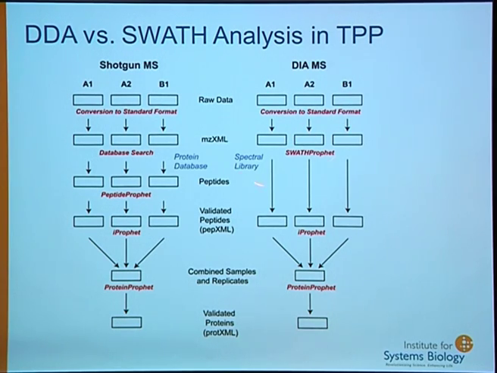So yeah. After that, and that's kind of unique for SWATH-Prophet, you can feed the result file from that directly into the other software from the TPP. So you can use iProphet. If you have multiple injections, you can actually gain some results back by using iProphet. And iProphet has specific parameters that were developed only for SWATH.